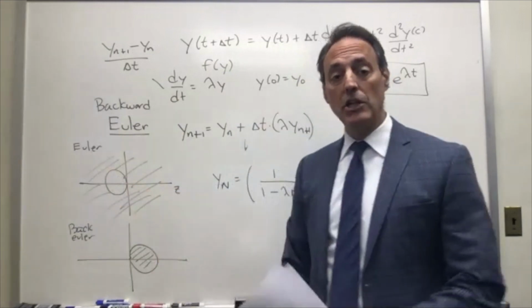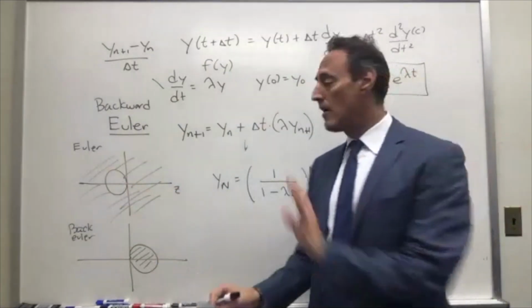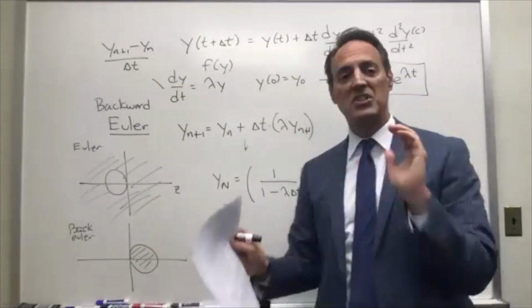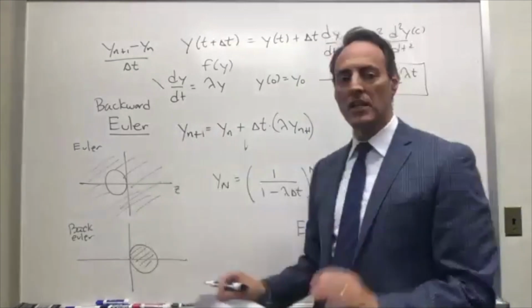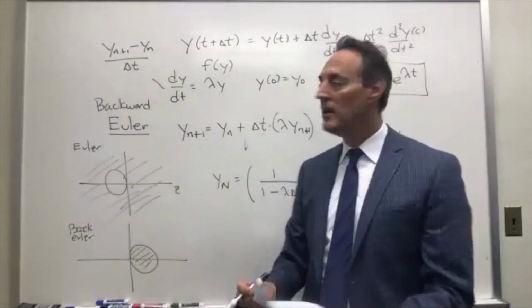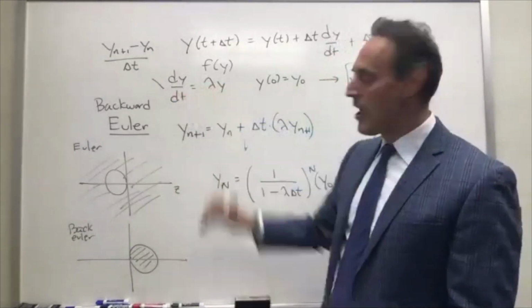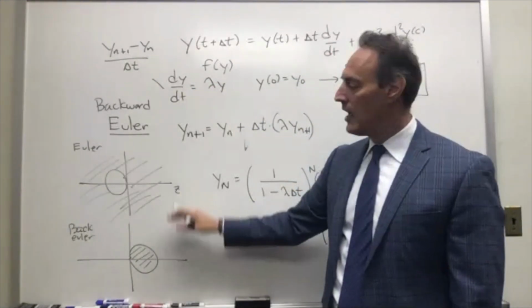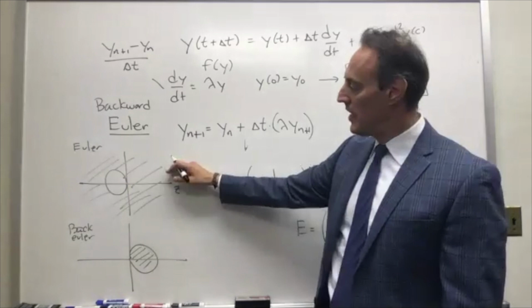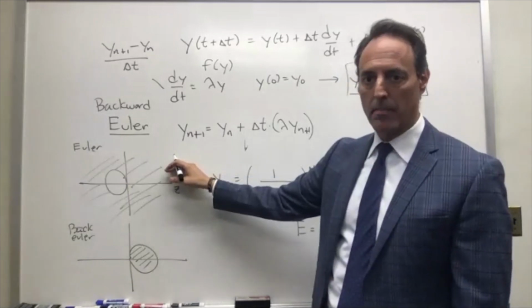What it's telling you is that both of these are approximations with the same accuracy. This is important. These two schemes have the same accuracy for approximating this, but one has great stability properties as an algorithm and the other has terrible stability properties.